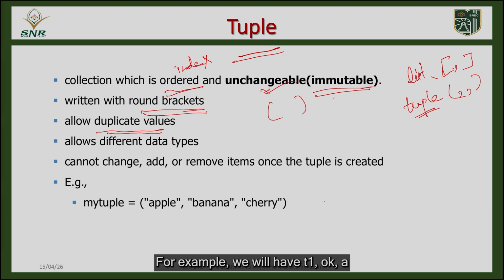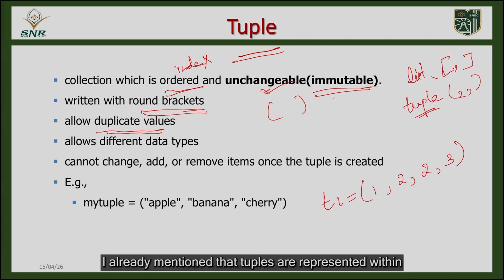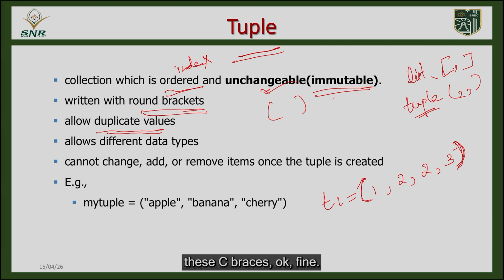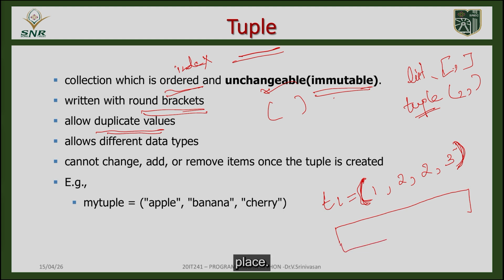For example, we will have a tuple named t1 equal to (1, 2, 2, 3). I already mentioned that tuples are represented within round braces. So here it holds four values, and this is how the memory management takes place.